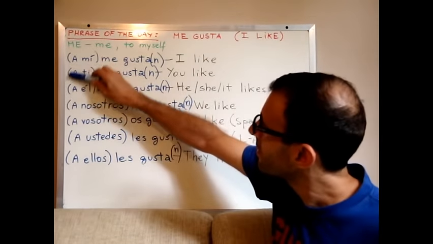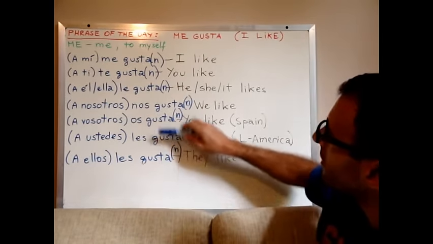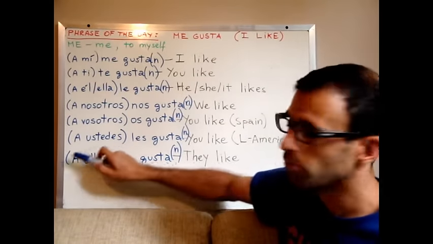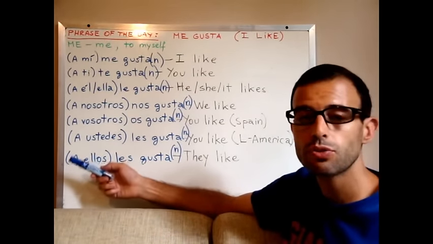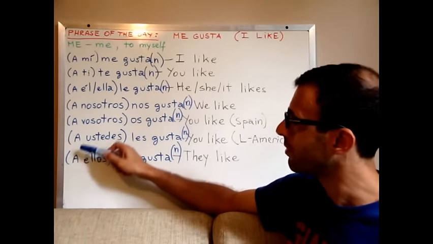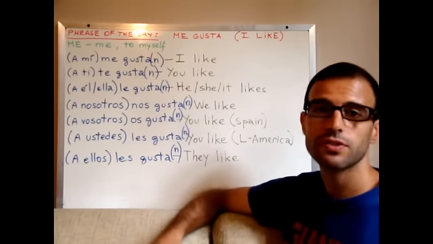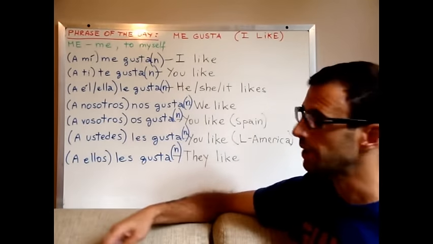So it is just this. You need to memorize these 6 or 7 forms, right, for each one of the subject pronouns, for each one of the persons. Once you learn this, it's easy because it just repeats itself, okay?